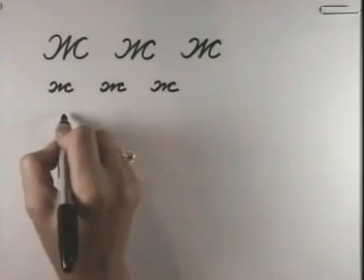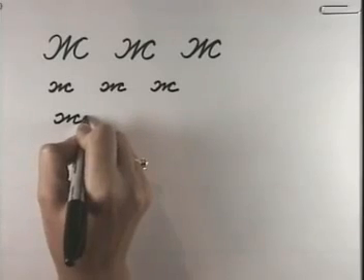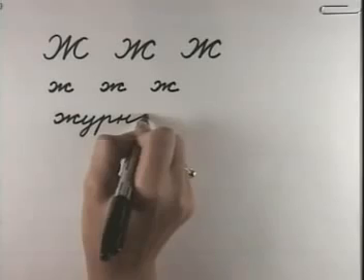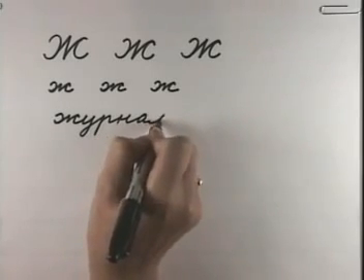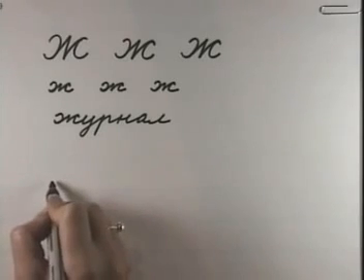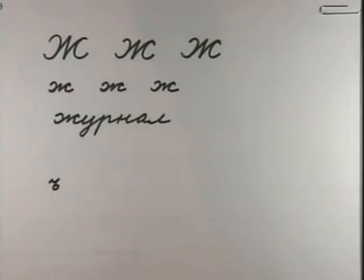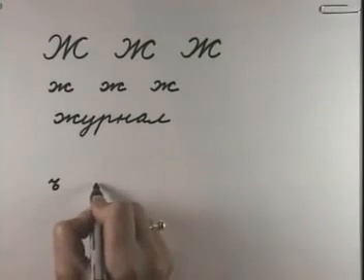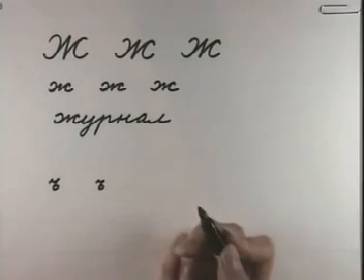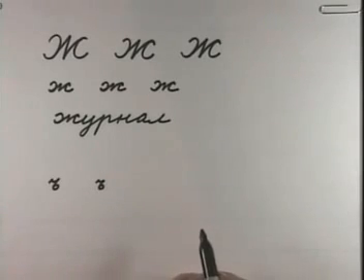And you know that this is the first letter in the word journal. And we also looked today at the hard sign. And this is it. Always keep the hard sign very small, because it never occurs in the beginning of a word, so it only has a lowercase letter.